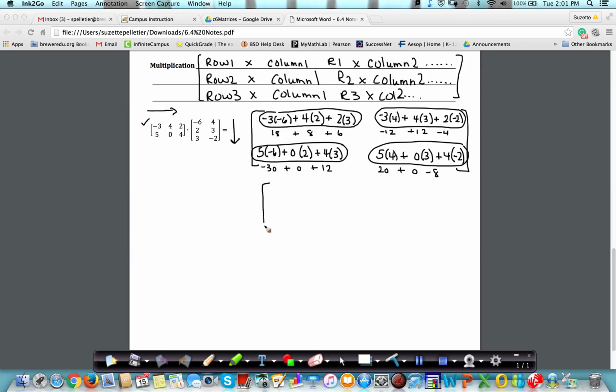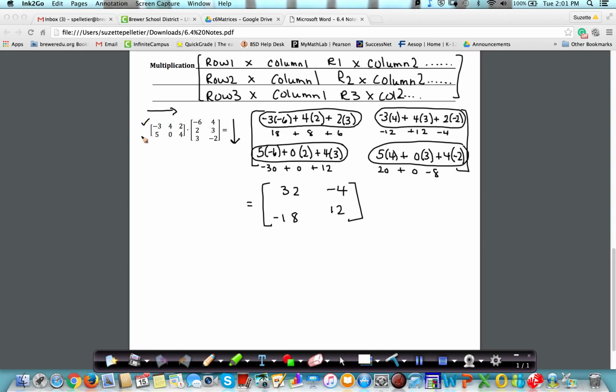So my answer is 18 plus 8 plus 6, 32. -30 plus 12, -18. -12 and +12 cancel, leaving me with -4. And 20 minus 8 leaves me with 12. So this is your resulting matrix.